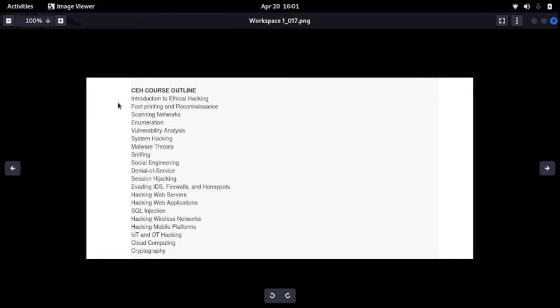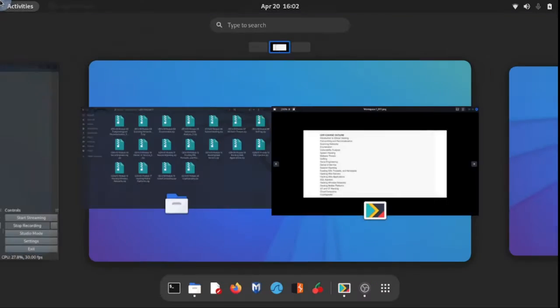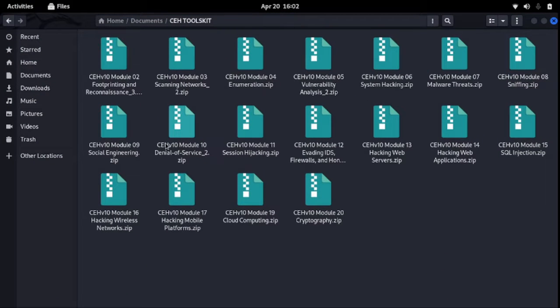Now, like you can see, for the first one, there is introduction to ethical hacking, followed by footprinting and reconnaissance, scanning networks, enumeration, vulnerability analysis, system hacking, malware threats, sniffing, social engineering, denial of service, session hijacking, evading IDS, hacking web servers, hacking web applications, SQL injection, hacking wireless networks, hacking mobile platforms, IoT and OT hacking, cloud computing, and cryptography.